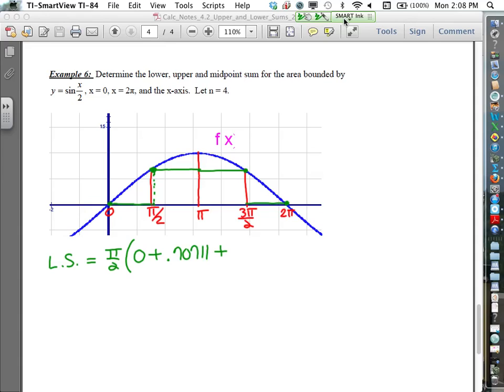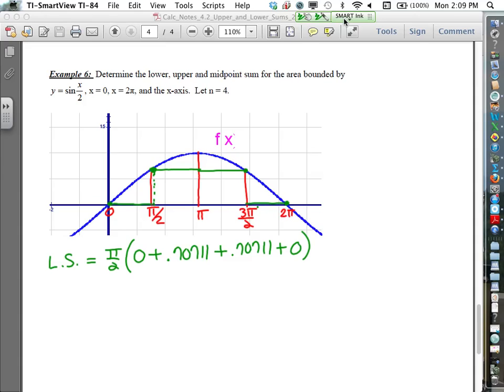This next interval, the endpoint that gave you the height here was 3 pi over 2. Type 3 pi over 2 in your calculator. Same thing, you got it. They have the same height. And how about this one? The endpoint that gives you that height is 2 pi, and you get 0. Type them in your calculator.